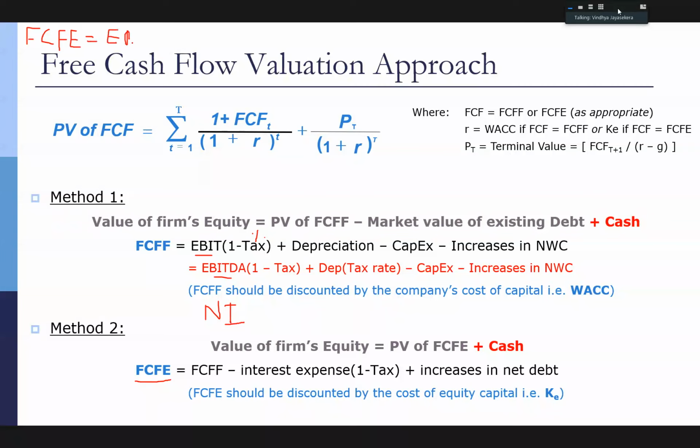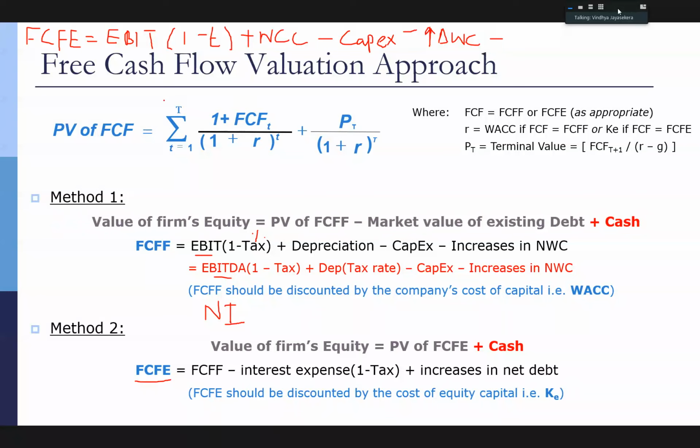EBIT into 1 minus tax rate, plus non-cash components like depreciation, minus any capital expenditure, like I'm buying a property, plant, equipment, something. Any capital expenditure I'm spending, so cash that I require for that. And minus any increases in changes in working capital, right?